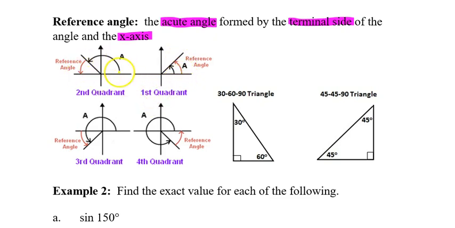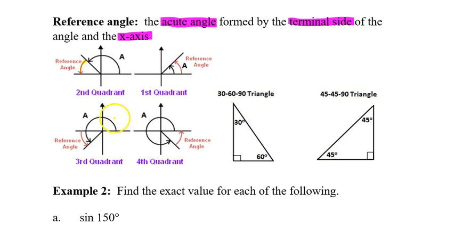In the second quadrant, you would have gotten an angle like, say, 120 or something like that, and you would land in the second quadrant. Your reference angle would be the difference there. So if the black angle had been 120, the reference angle would be 60 because you would have to get to 180 total. But it's always, again, formed with the x-axis. Notice that the reference angle is always closest to the x-axis.